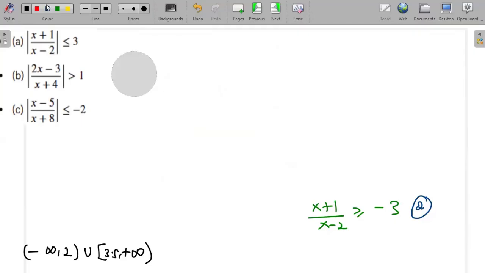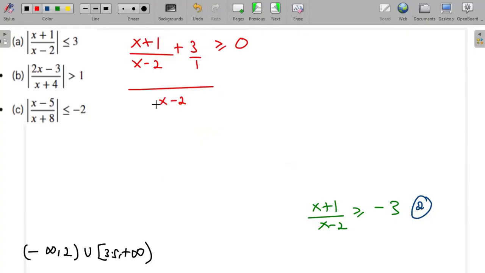This guy here. For the second part, it will be x plus 1 divided by x minus 2. Then I bring the minus 3 the other side, so it will be plus 3, and that will be greater than or equal to 0. Common denominator is x minus 2 multiplied by 1. If I divide this into that, I'll just remain with x plus 1. 1 into there, it will be plus 3 multiplied by x minus 2, greater than or equal to 0.